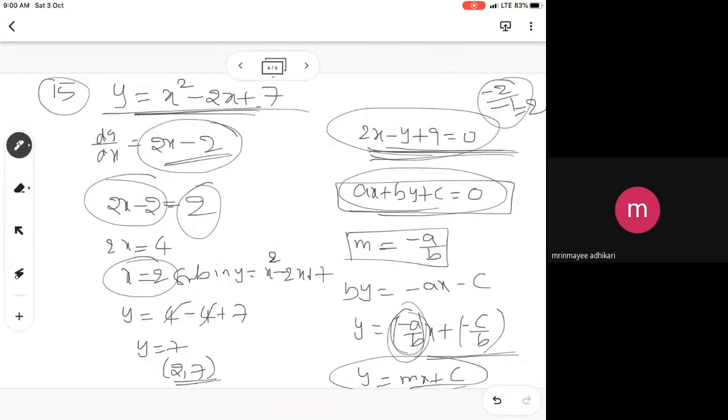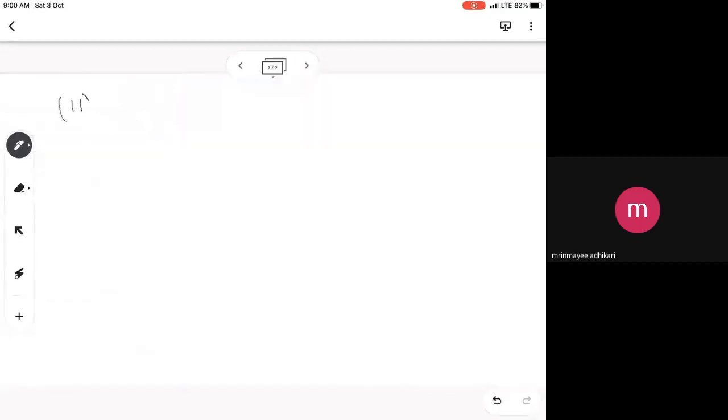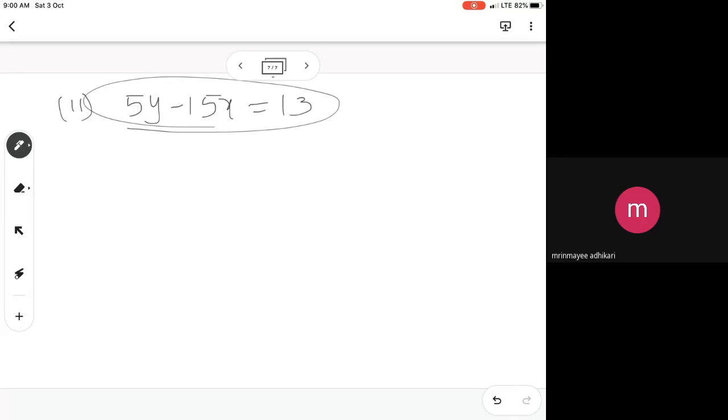The next one is the line perpendicular to the given line. Perpendicular to the second line that is given to you. What is the equation given to you? 5y minus 15x is equal to 13. So the slope of this line is equal to minus a by b, where a is minus 15 and b is 5.